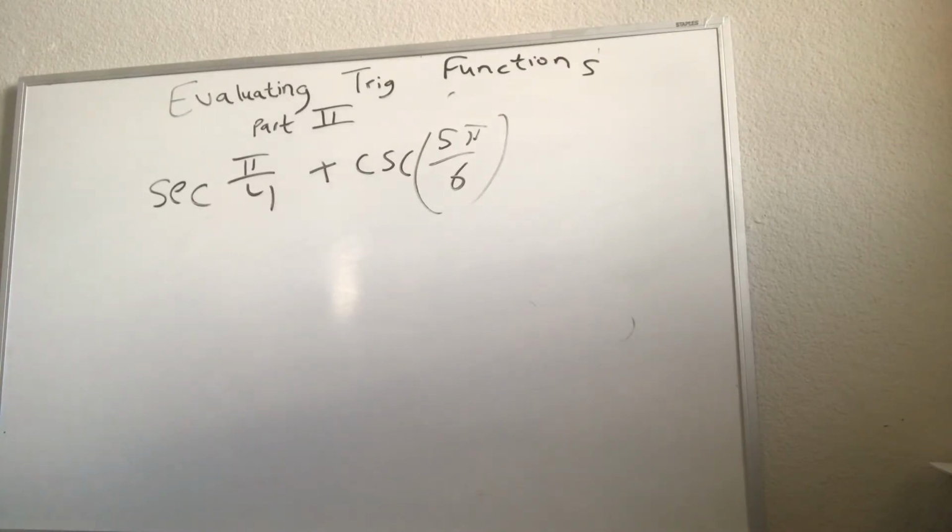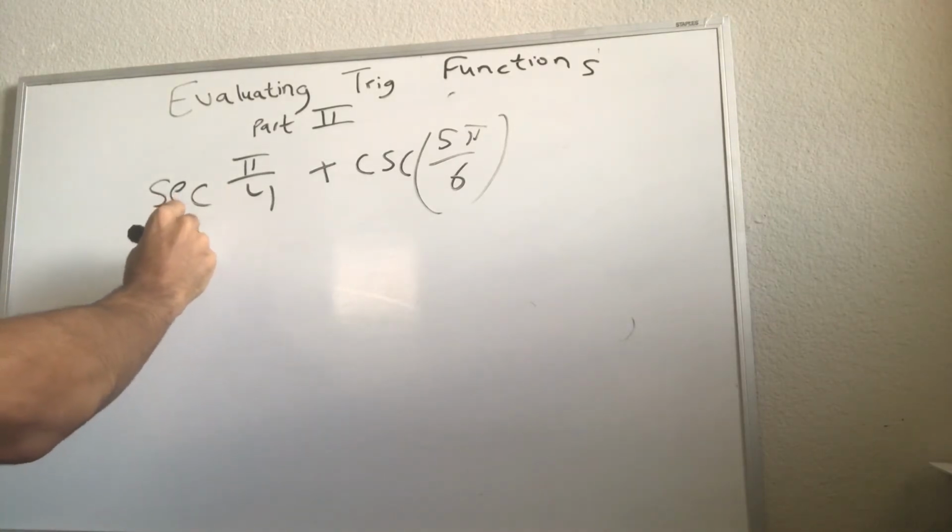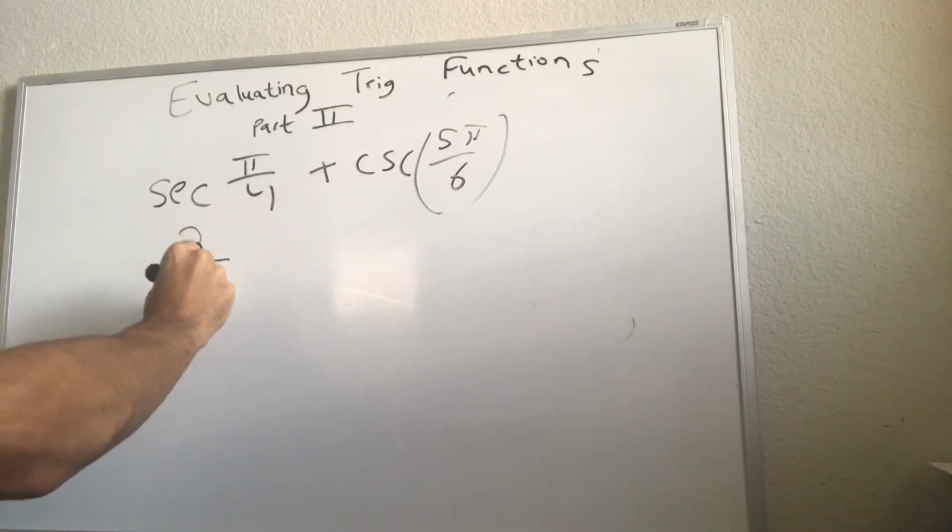Here we think: what's cosine of pi over 4? Well, first of all, pi over 4 is in quadrant 1. Cosine of pi over 4 is root 2 over 2, if you remember from the unit circle. Secant of pi over 4 will be its reciprocal. Therefore, this value here would be 2 over root 2.